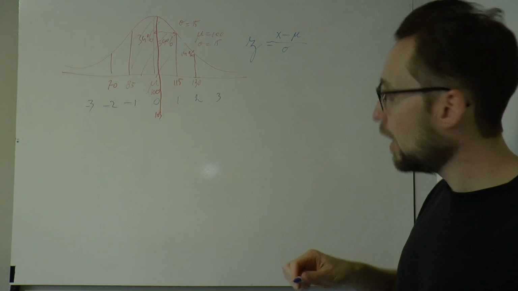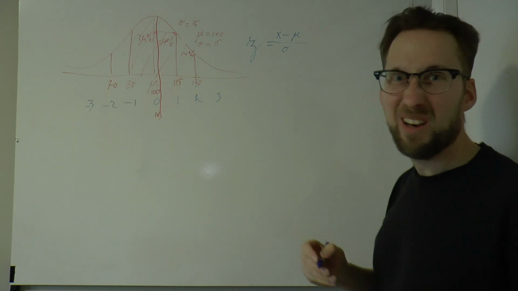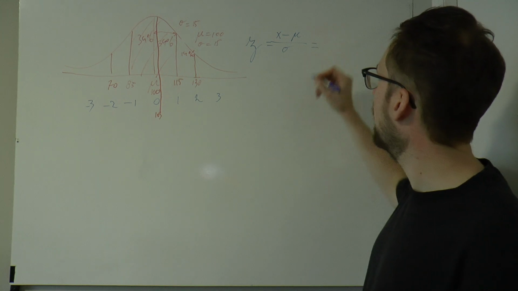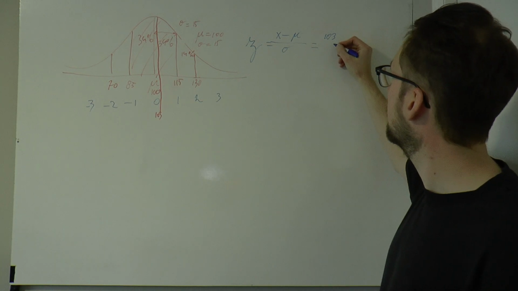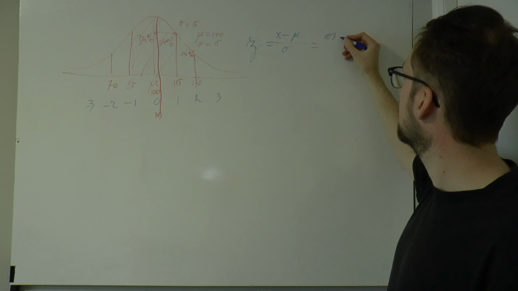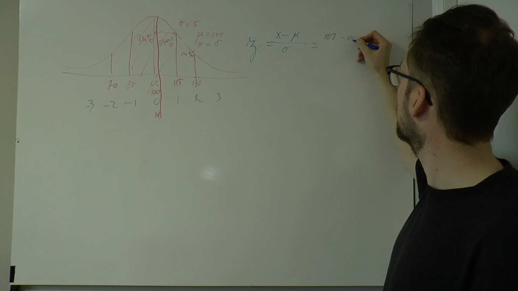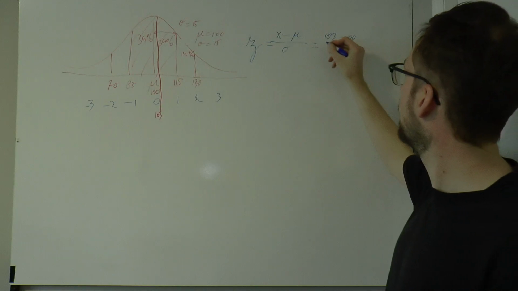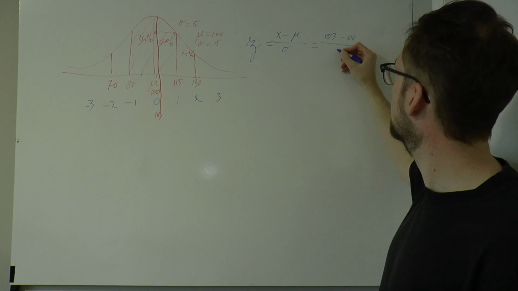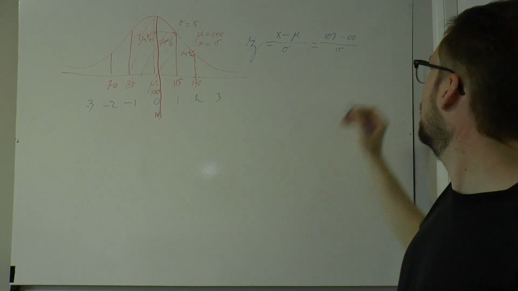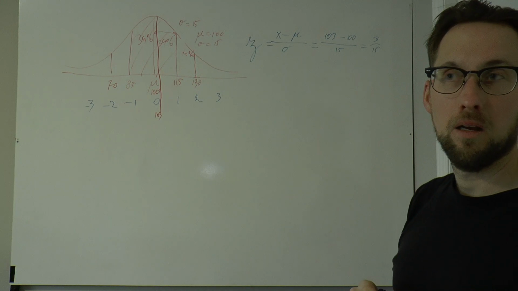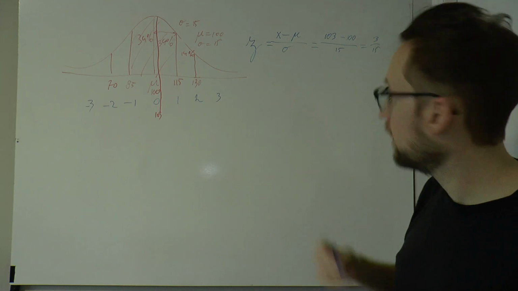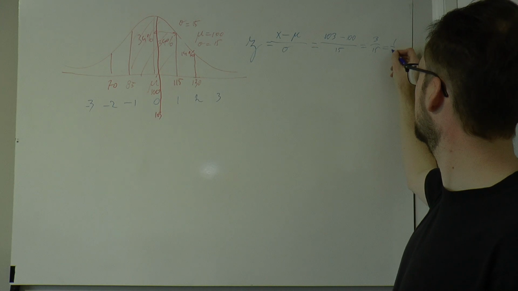Okay, then how do I do the math? Well, the math is not that hard. I take my observation, which is Mr. Vomit-Bucket, 103. I subtract the mean, well that's 100, the mean in the population, and I divide by the standard deviation in the population, well that's 15. It looks to me like I get 3/15 here. And that means that I can actually simplify this to 1/5.